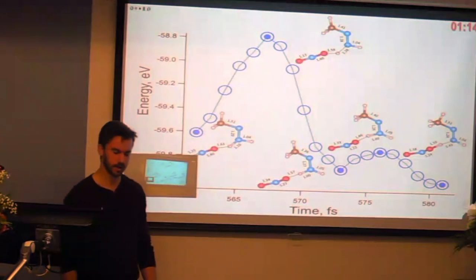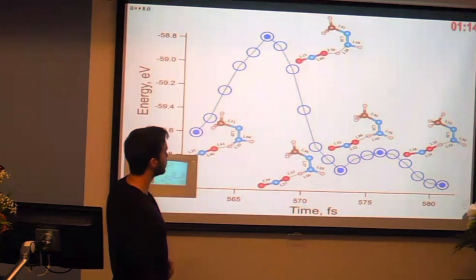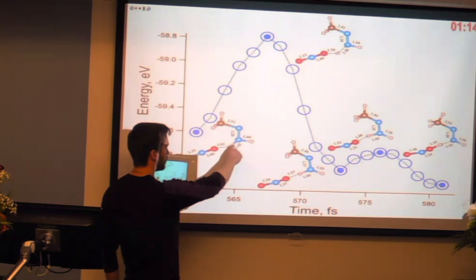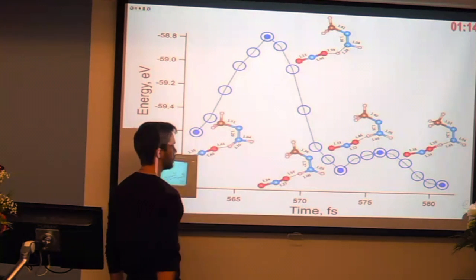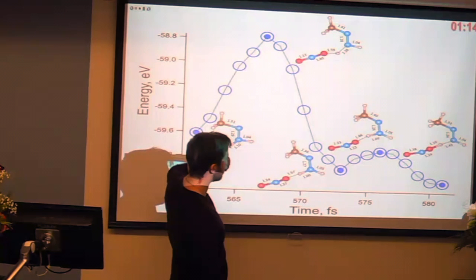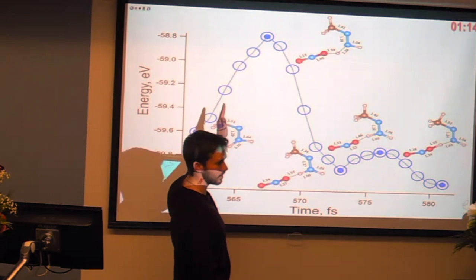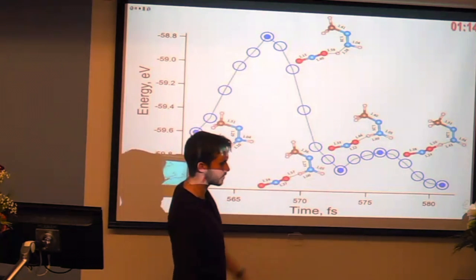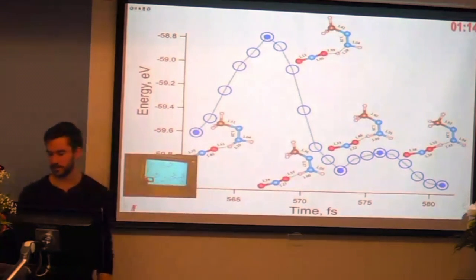So this is a representation of the activation energies. As you can see, the blue is the N, the white is the H. So the NH breaks as it overcomes that first barrier. Then you can see it slowly shifts over to the OH.